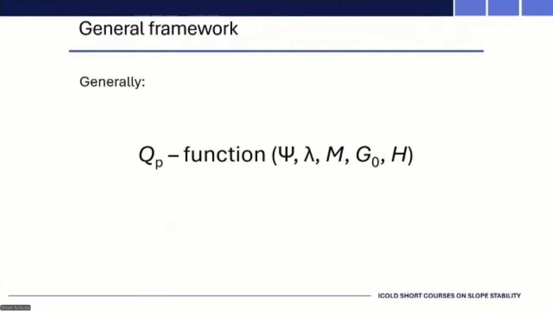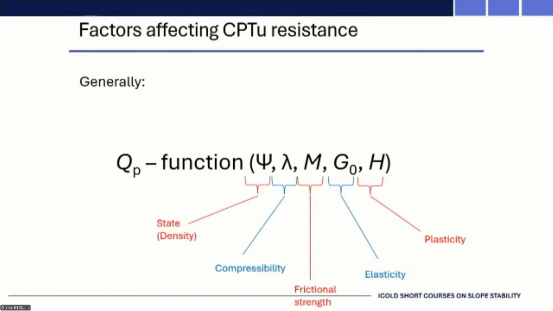So to come back to then how we're going to measure this or estimate the state parameter rationally. That tip resistance is a function of a whole lot of soil properties, and that's probably not exhaustive. So certainly the state parameter, which is a surrogate for density. The lambda is compressibility, so your tip resistance will be influenced by that.